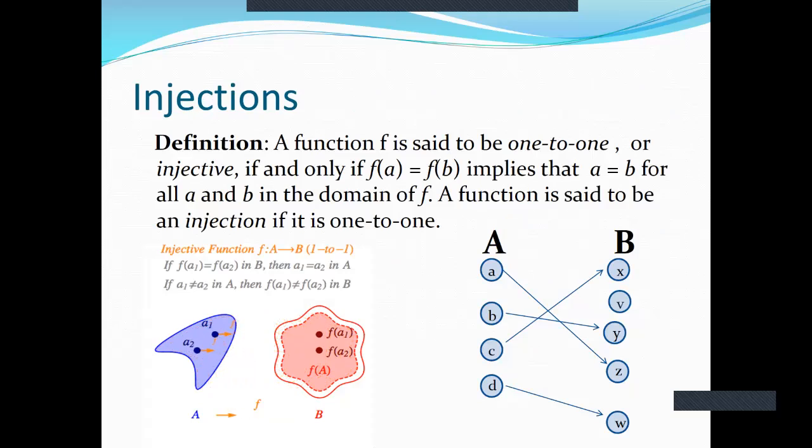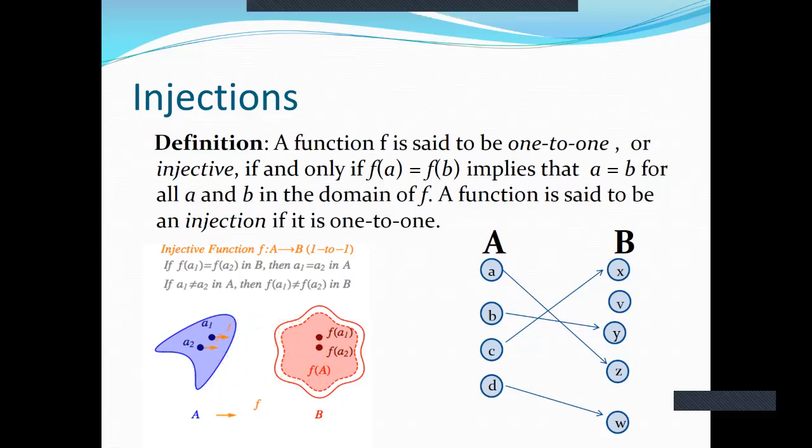Okay, now let's talk about the different types of functions. The first type of function we call injections, or one-to-one functions, right? Let's see the formal definition, and then I will explain it.